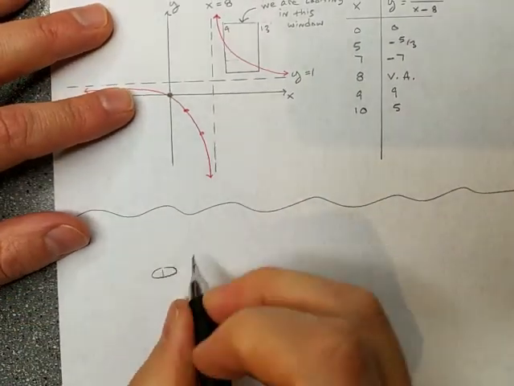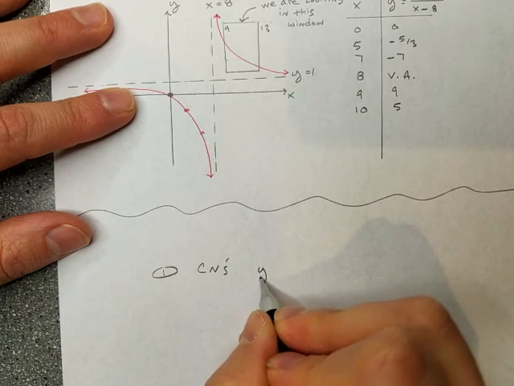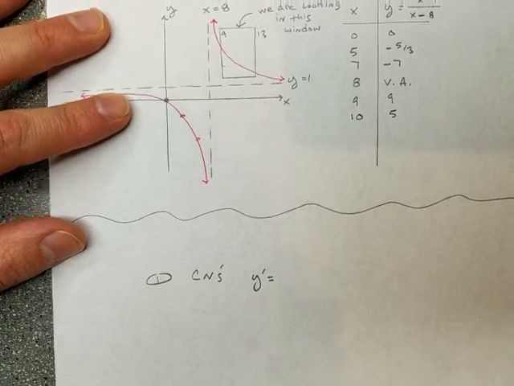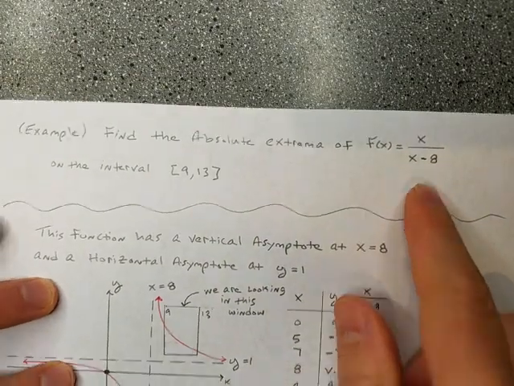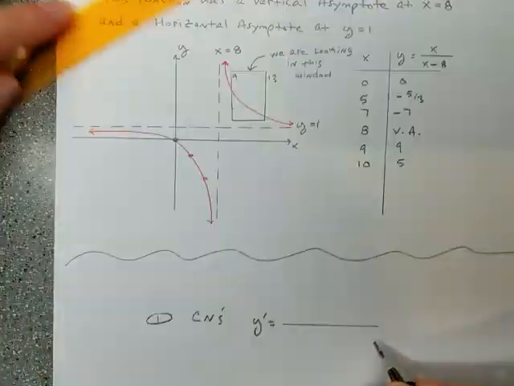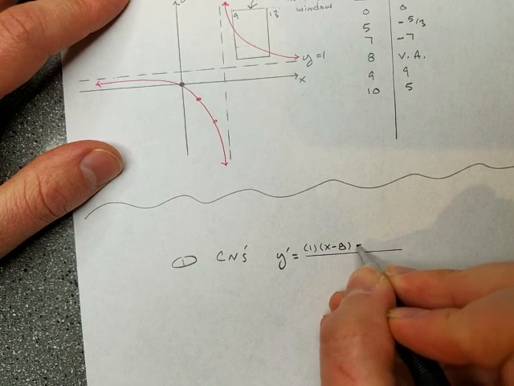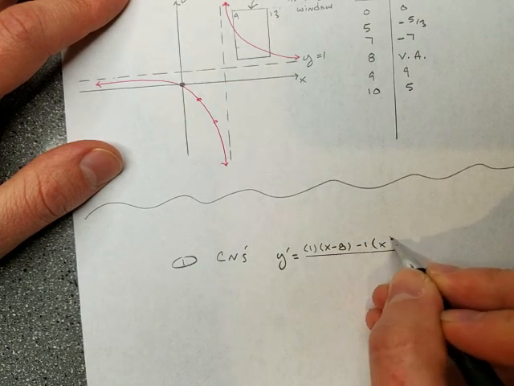So 1, what's the critical number? Okay, well, that's the points where y prime is either 0 or undefined. So let's look at this as y, and we use the quotient rule to find y prime. So y is equal to x over x minus 8. We get f prime times g minus g prime times f.